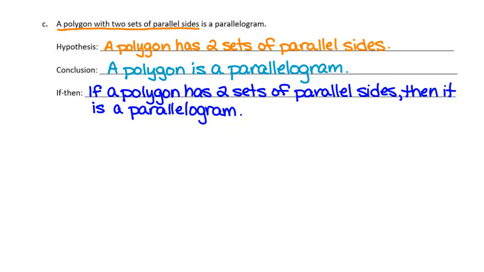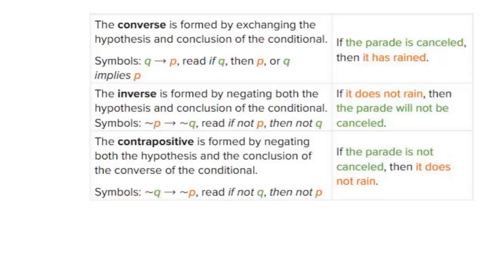All right. Go ahead and flip over to page 6 for me. We're going to extend our conversation about if-then statements to talk about different forms of an if-then statement.